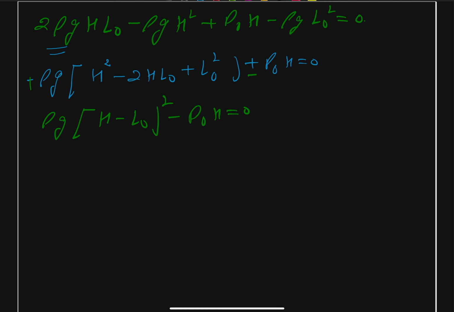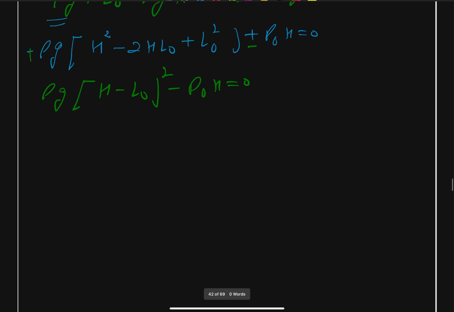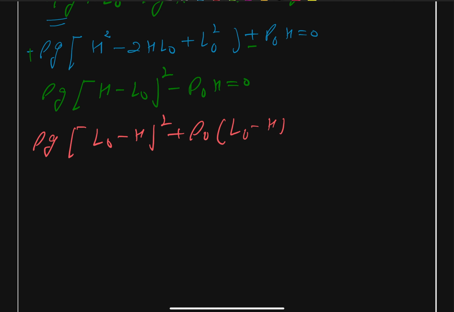And in order to match our answer, we can write this as rho G, and we have L naught minus H whole square, this comes as P naught, and we have L naught minus H minus P naught L naught is equal to 0.